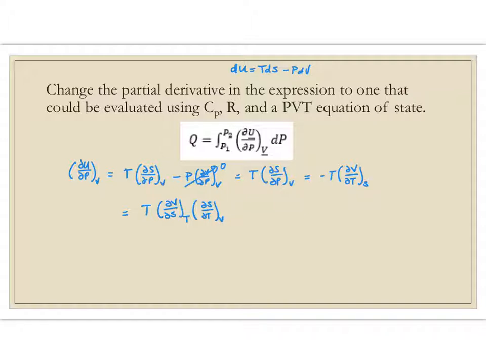Okay. Now T dS/dT at constant volume is equal to C sub V. But I still have this dV/dS at constant temperature. Now again, when I have these ugly things, S is one of my things that I call an ugly thing, I can look at Maxwells, I can look at the triple product rule, I also could do a fundamental relation.